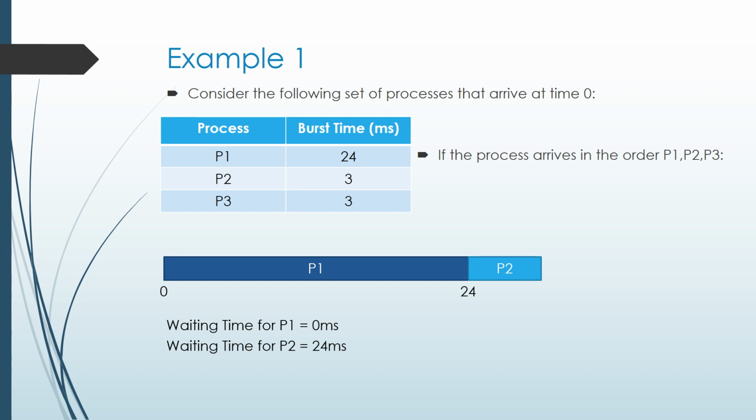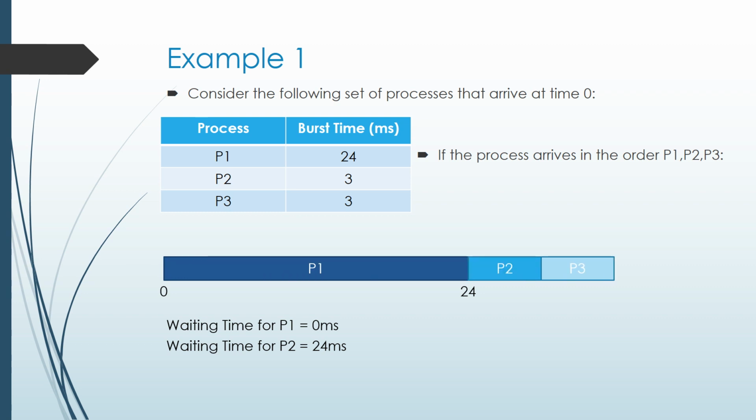It's because process 1 took up 24 milliseconds. The CPU took up 24 milliseconds before process 1 is completed, and then the CPU becomes vacant. So that's why P2 has to wait 24 milliseconds before it will be accommodated by the CPU.